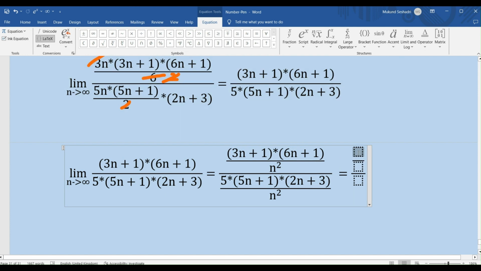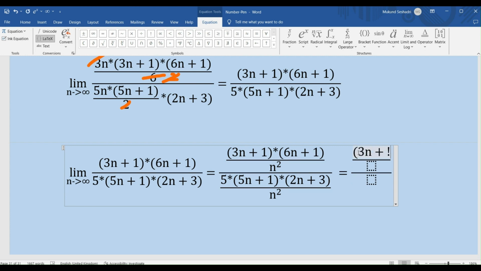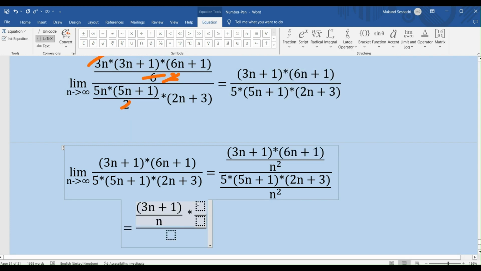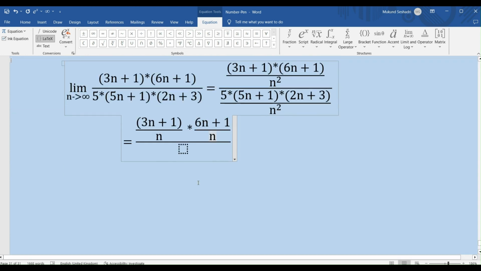I can rewrite this expression as 3n plus 1 divided by n, and you'll have to watch me closely out here, into, again I have an expression of this type, 6n plus 1 divided by n, right?